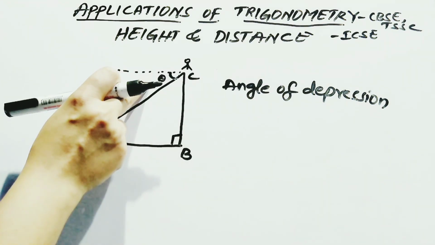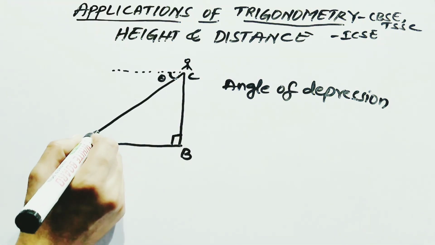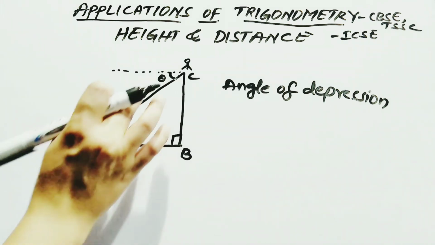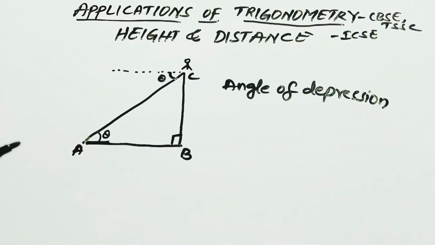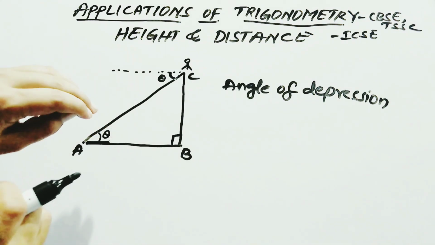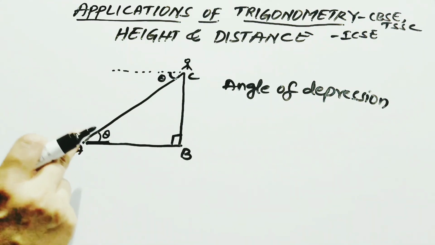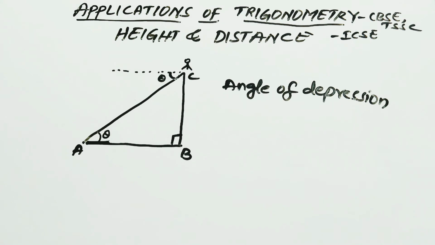And if an angle is formed here, the alternate angle will also be the same, meaning this angle value will be the same, so you are putting theta inside the figure, and the alternate angle will also be the same. Whenever you are solving this type of problem, you should keep in mind where is my line of sight or horizontal line, and that alternate angles will also be the same.